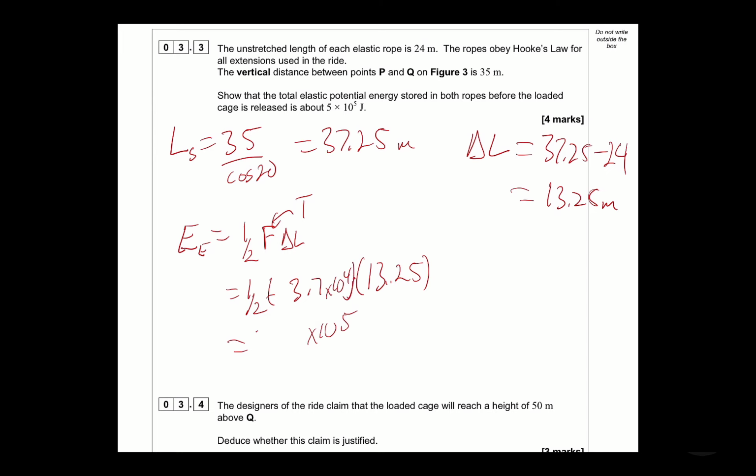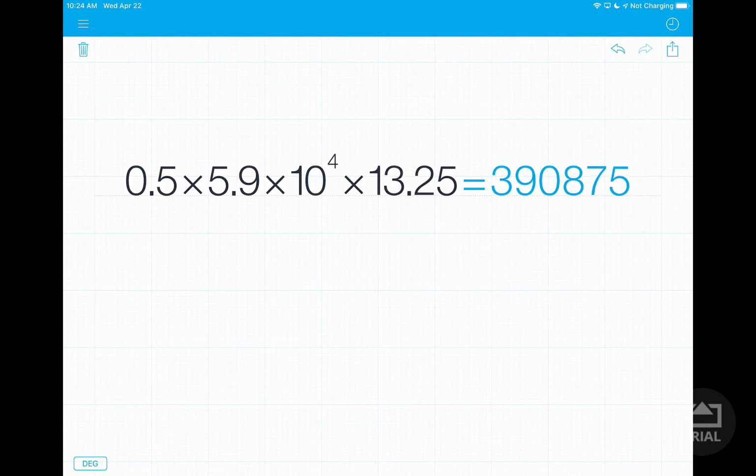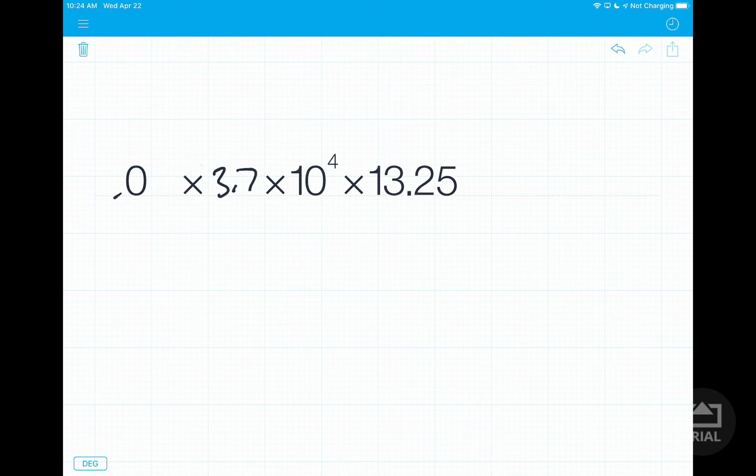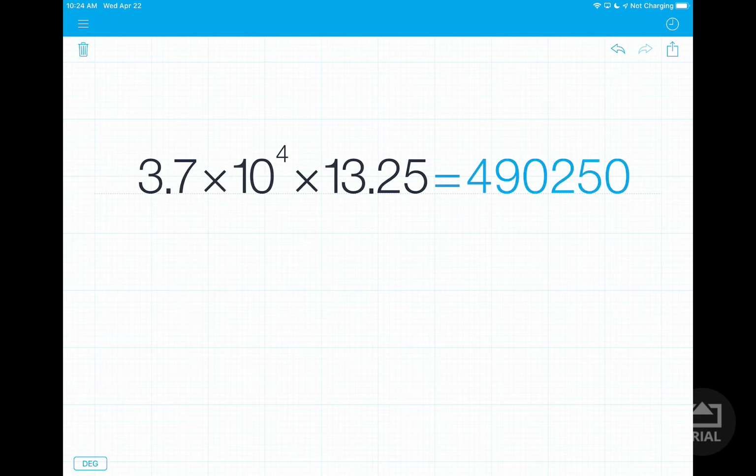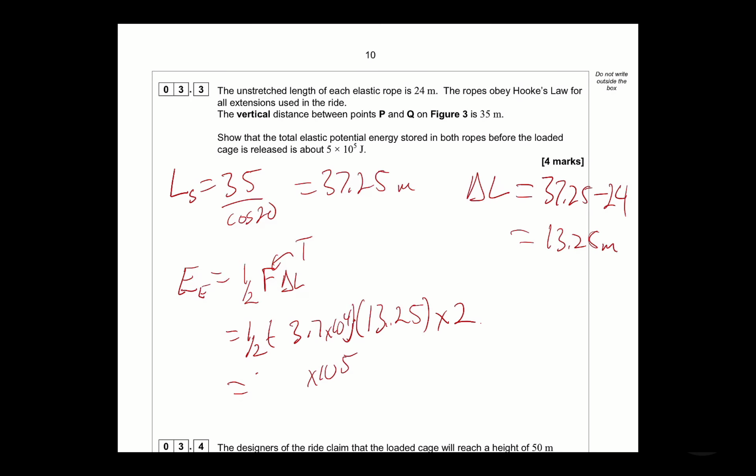And there's 2 of them, so let's multiply it by 2. Now it's 4.9 times 10 to the 5, which approximately equals 5 times 10 to the 5 joules.